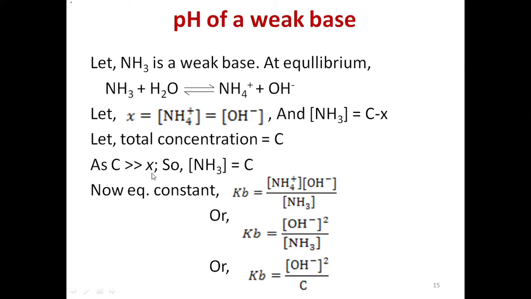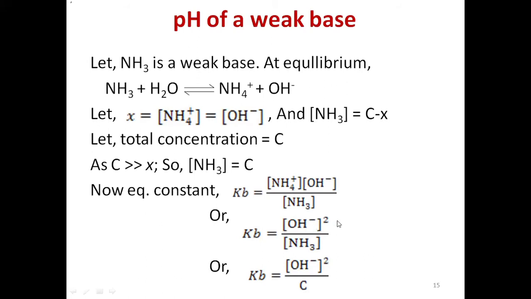So we can ignore X and write the concentration of ammonia equal to C. Now from the equilibrium constant, Kb equals this one from the previous slide, we can write hydroxyl ion into hydroxyl ion, as the number of ammonium ions equals the number of hydroxyl ions.